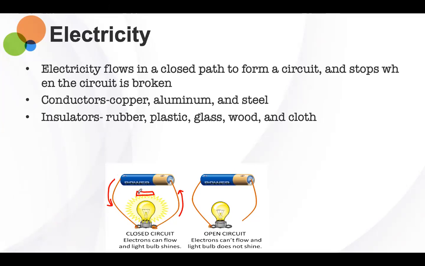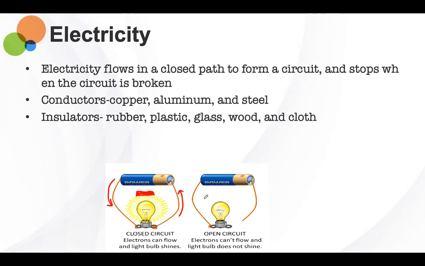This was your resistor, right? And so the light will represent the resistor, all right? And electrons flow back through the battery. All right, so that's how it really goes. So closed circuit, electrons can flow and the light bulb shines, right?